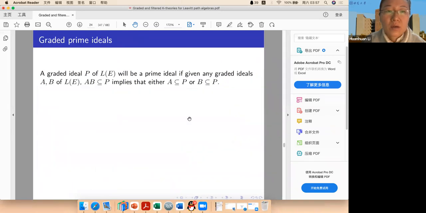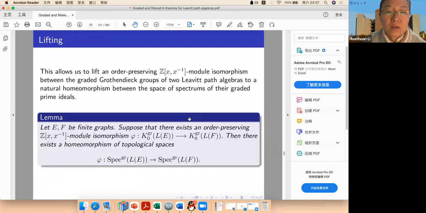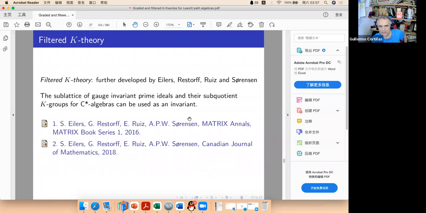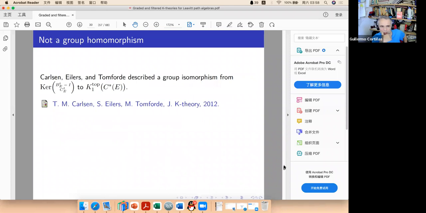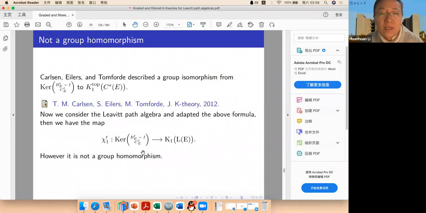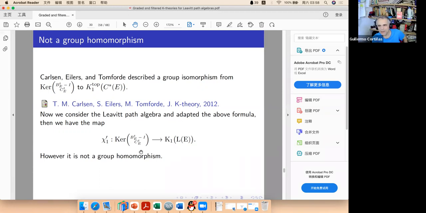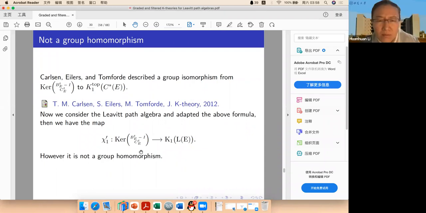Let's see, you're asking what? Let me see, in the opposite direction. Here. I think it's because topological K1 is isomorphic to the kernel part. I had a similar map once, in the case of simple graph algebras.